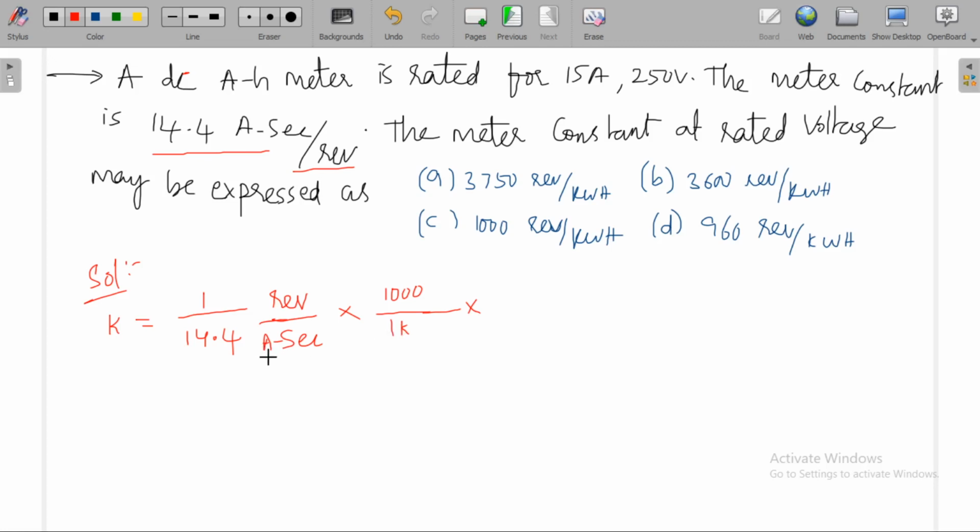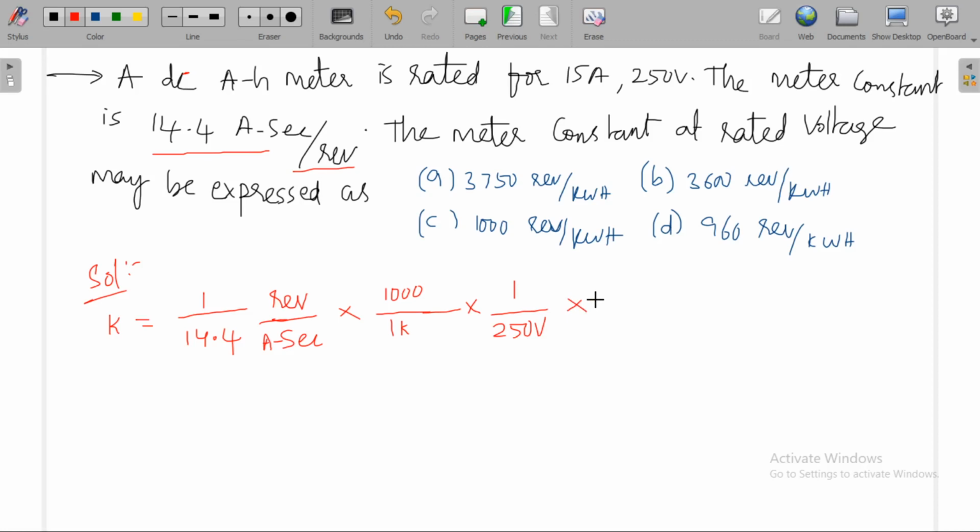Here a DC ampere hour meter means cos phi will be equal to 1, so let the numerator get multiplied by 250 volts, since 250 volts is given, with 1 by 250 volts.